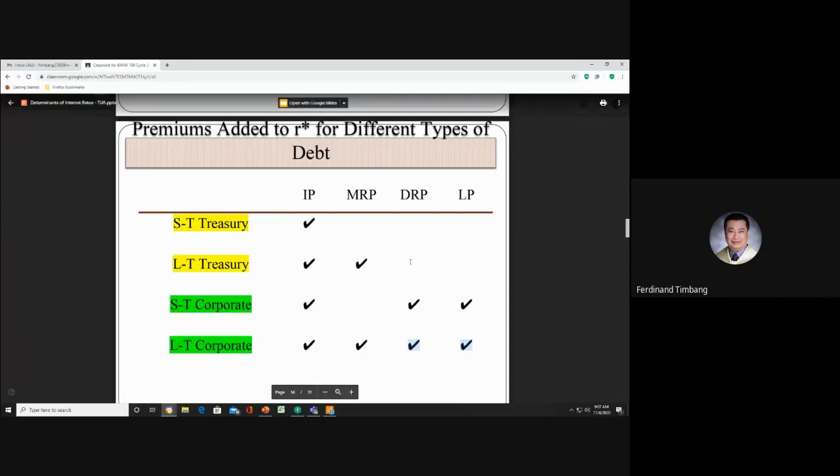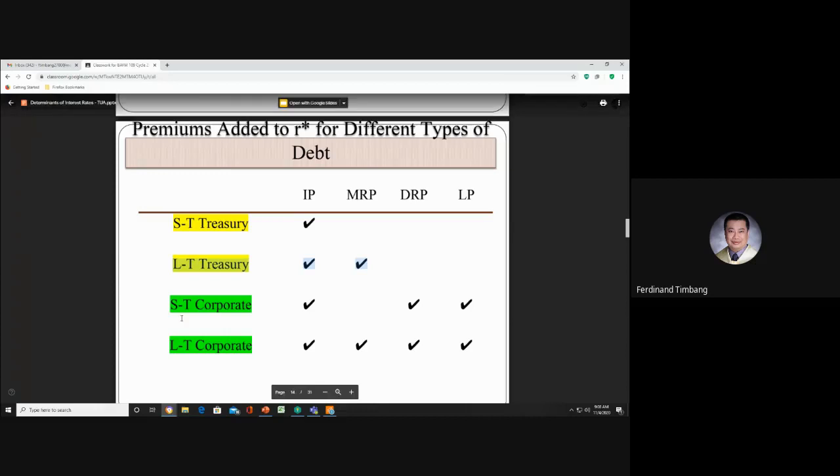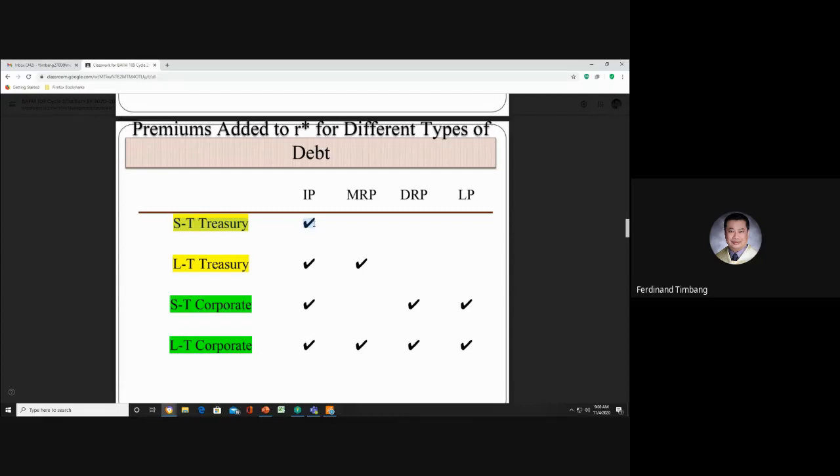Diba yan? Kasi dito wala. No, dito kay long-term treasury hanggang inflation premium lang at saka maturity risk premium lang. But for the long-term corporate, you also have the default risk premium and the liquidity premium. Pero kung titingnan mo rin si short-term treasury, hanggang inflation premium lang.